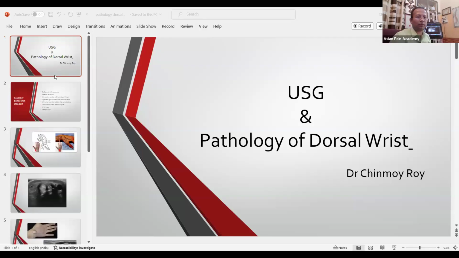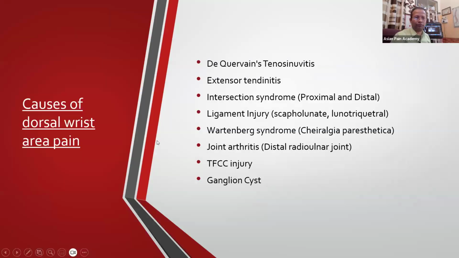Pathology. Just 2-3 slides about the pathology. Already I talked about these things. What are the causes? I told you de Quervain tenosynovitis, extensor tendinitis, intersection syndrome. For de Quervain tenosynovitis, I will ask someone, anyone can answer.